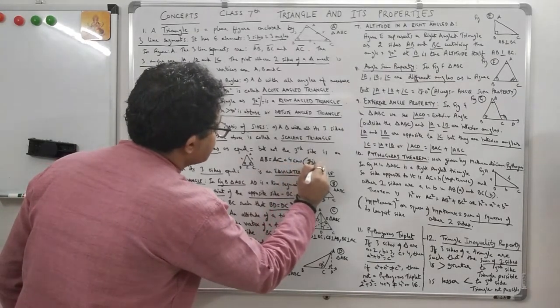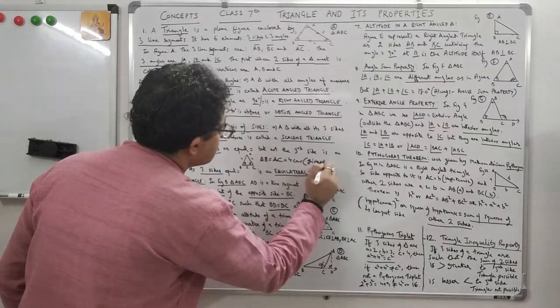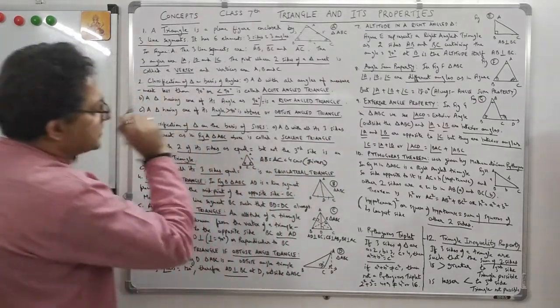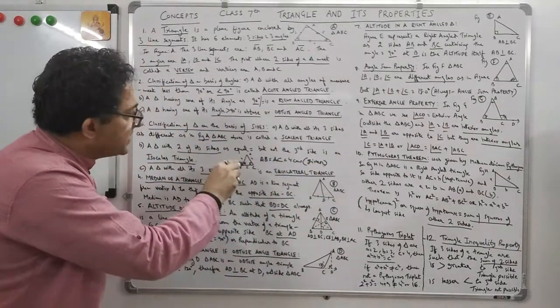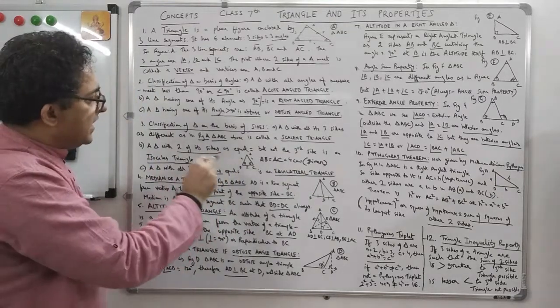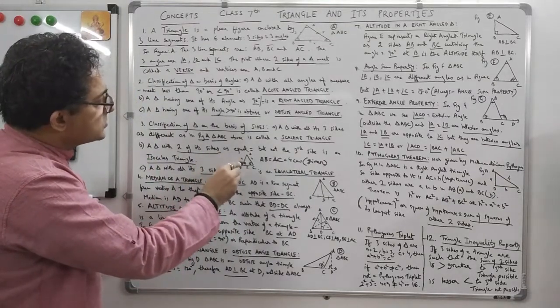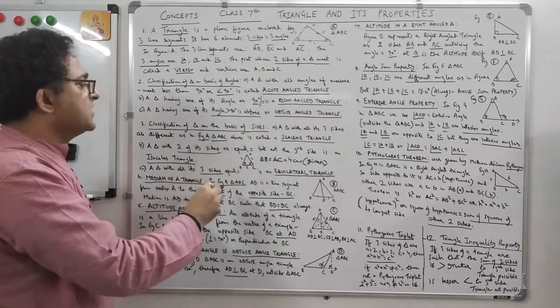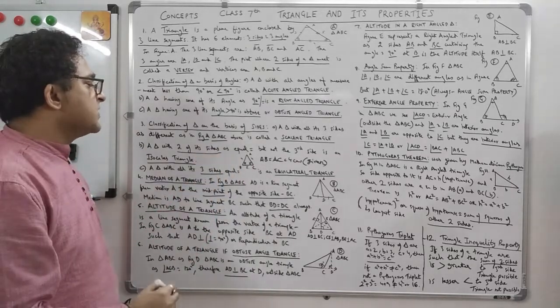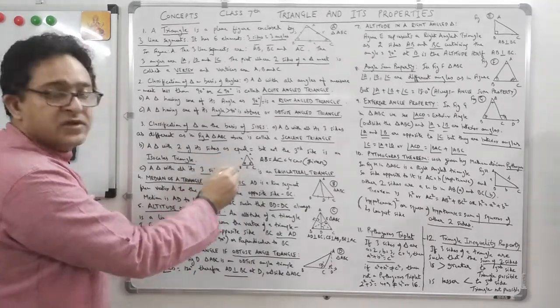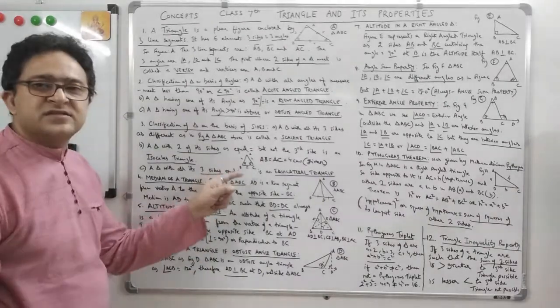So the angle which is opposite to side AC is angle B, and same way the angle which is opposite to the side AB is angle C. So angle B is equal to angle C. This is how I wrote it. I mentioned this as equal.